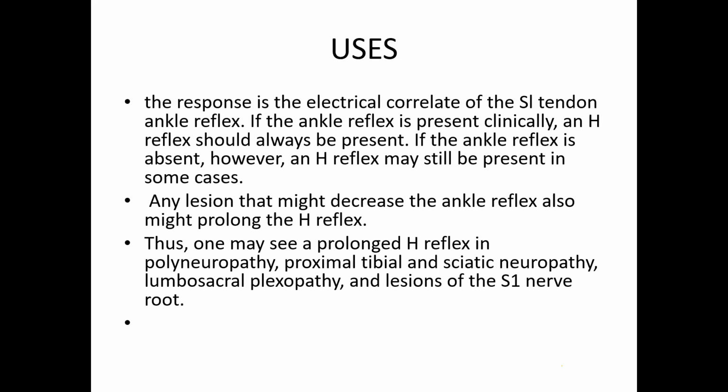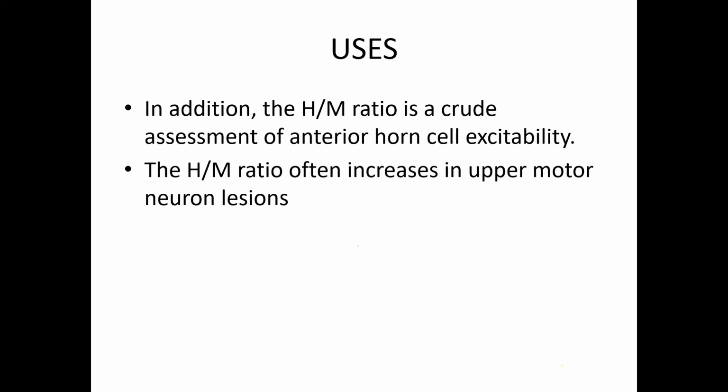But for a large population, if the ankle reflex is absent, the H reflex should be absent. Any lesion that might decrease the ankle reflex should also prolong, reduce, or abolish the H reflex. So you can see absent H reflex in polyneuropathies, in tibial and sciatic neuropathies, and in S1 radiculopathies also.